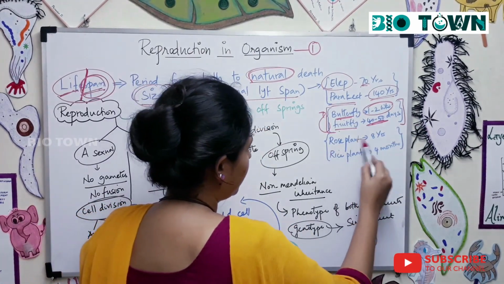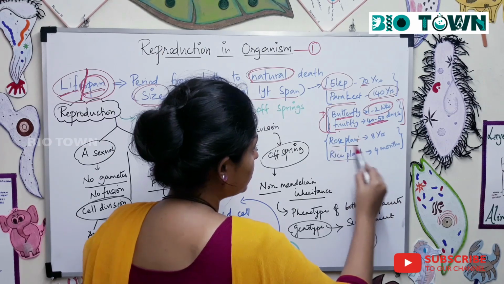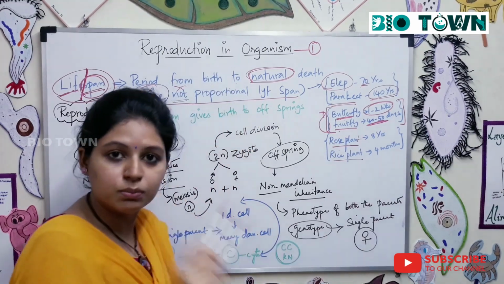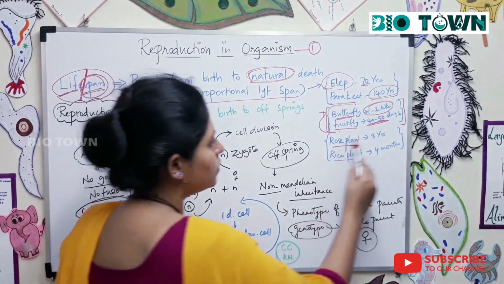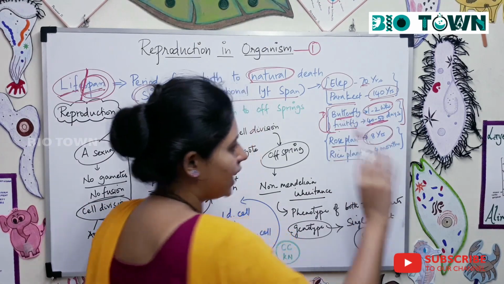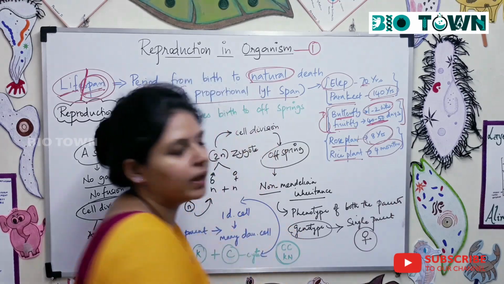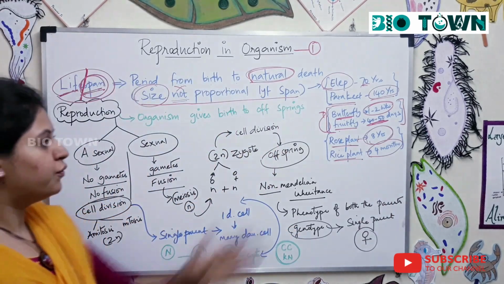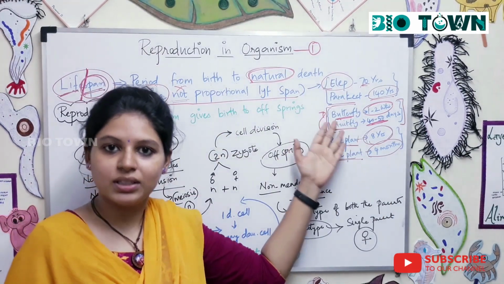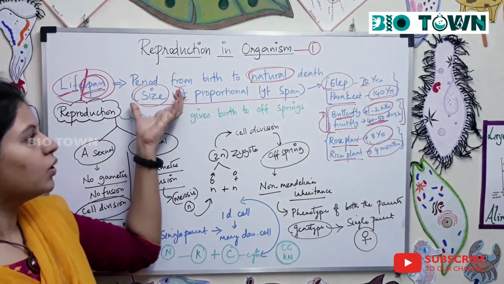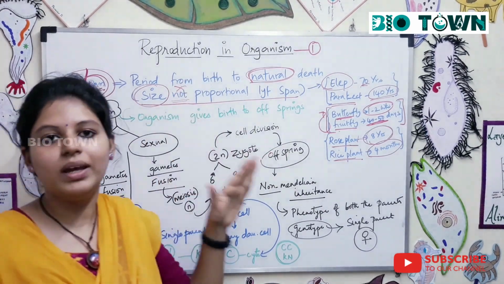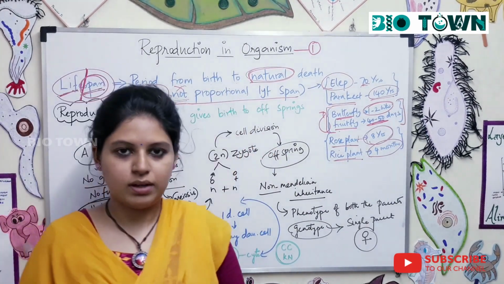Next is a rose plant and a rice plant. Rose plant is comparatively smaller than the rice plant. So rose plant grows only for 8 years, so it ends its lifespan in 8 years. But rice plant has only 4 months of its lifespan. So from this you can come to a conclusion that the size of an individual is in no way related to the lifespan, right?